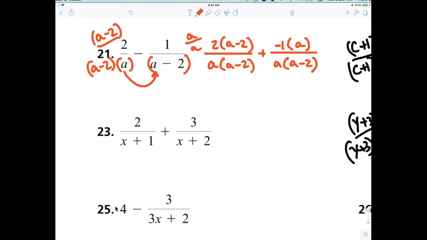All right. Now you can distribute in the numerator, and you get 2a minus 4 minus a over a times a minus 2. And of course, now that will simplify to what? That equals, good job, a minus 4 over a times a minus 2.